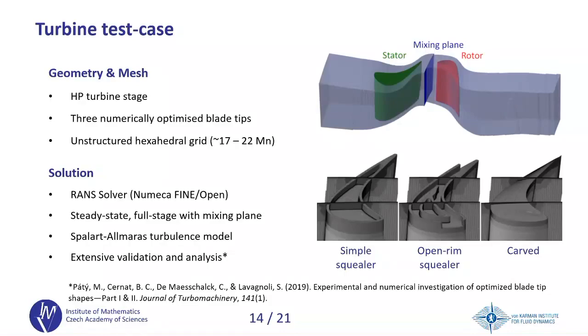It is a steady state simulation using RANS equations, and there's a mixing plane between the stator and rotor. And we perform these simulations for all those different optimized tip geometries that we had. If you want to know more about the computational setup and some validation, I refer you to this paper from 2019, where it's described in detail.